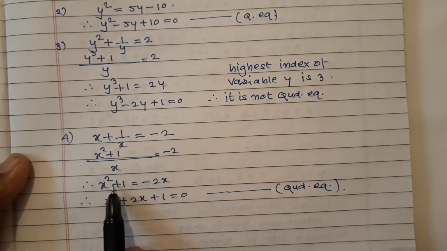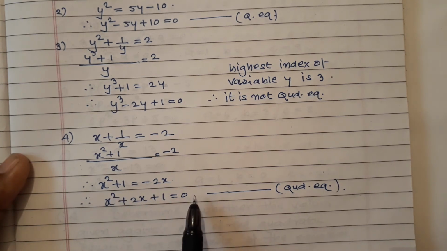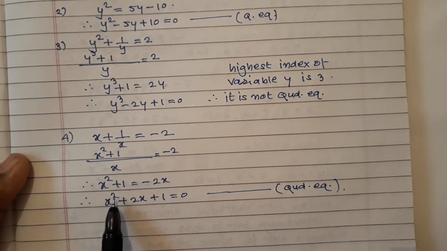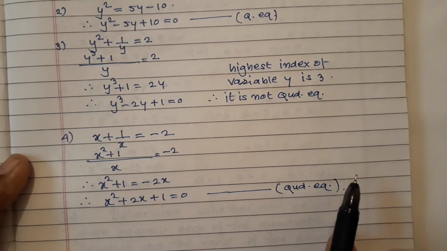Again you transfer this on this side, x square minus becomes plus 2x plus 1 is equal to 0, and now there is only one variable and the highest index is 2, and hence this is a quadratic equation.